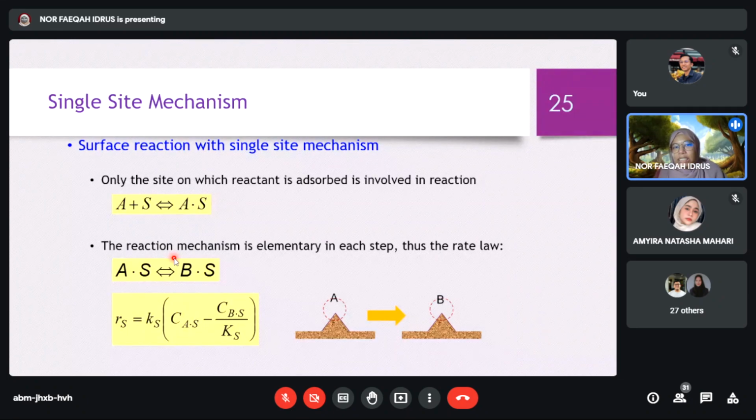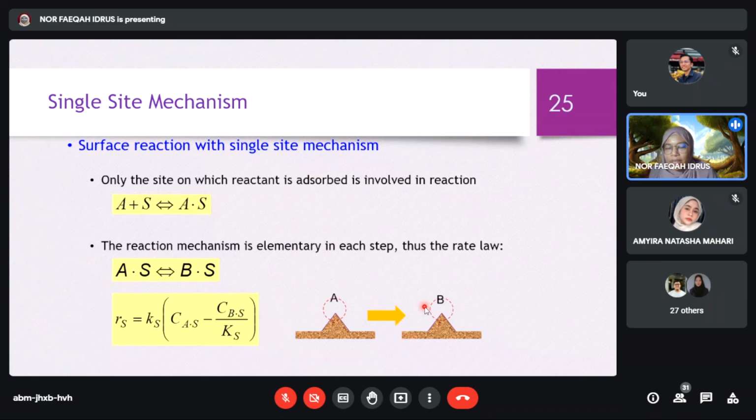So later next week we look at the irreversible reaction for the surface reaction. So adsorption is compulsory to be a reversible process, but the surface reaction can be reversible or irreversible. Right. So this is the reaction.